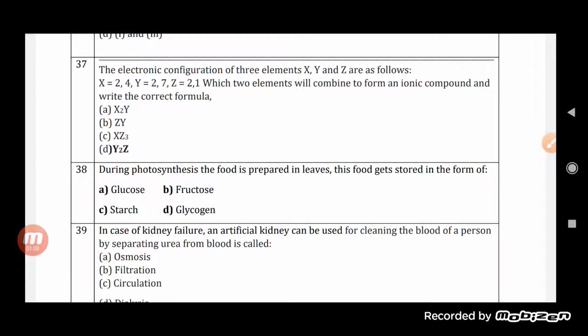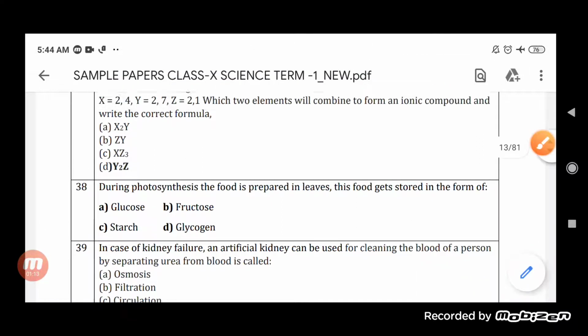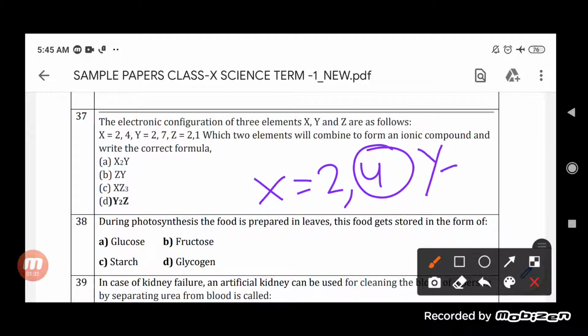Now see here, in case of X, it is 2, 4. It is 4 students, and you know that it needs 4 more electrons to complete its octet. While in case of Y it is 2, 7, so it needs one more electron to complete its octet.